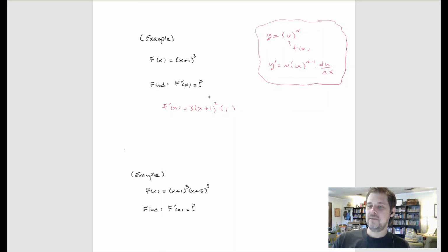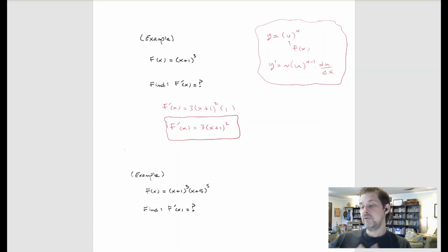So that's how this rule plays out for this initial function. Obviously I can express the answer more simply. I don't need to write the 3 and the 1 separately. 3 times 1 is 3, so 3 times x plus 1 squared. And so there's my derivative.